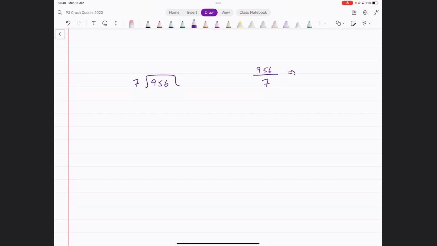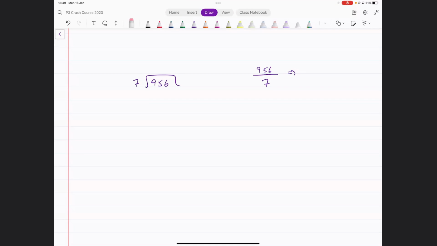Now, what process did we use to do it? When we did it manually without a calculator, we used to do long division for this. So we would make a structure like this. We have 956 written, and in the middle like this, you have 7 written on the left.